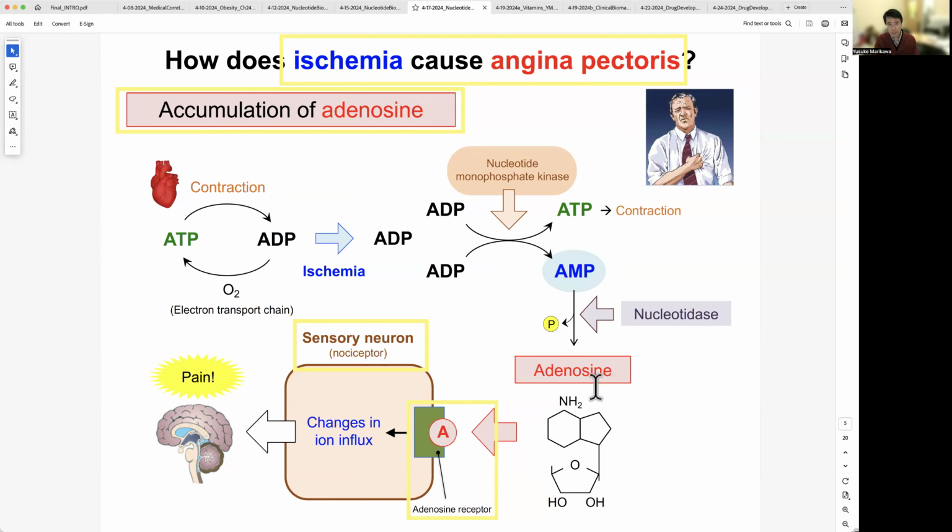So accumulation of adenosine by ischemia will stimulate the sensory neurons and send the signal to the brain to make you feel pain.